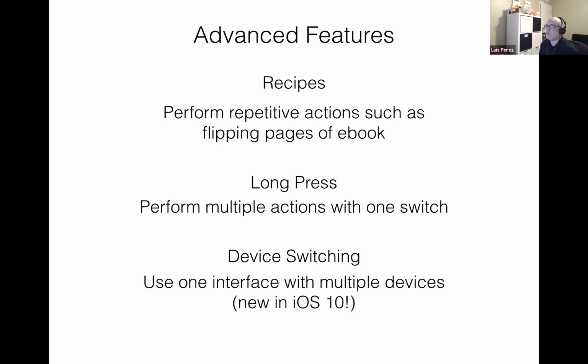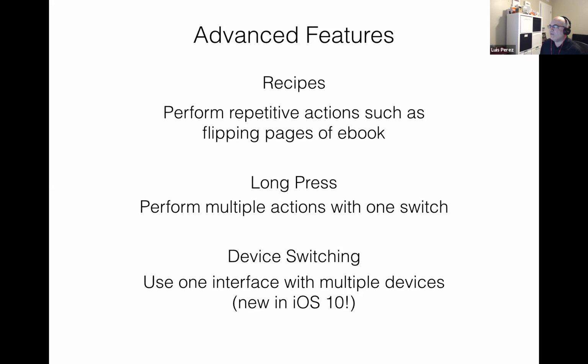There's also device switching. I'm not going to be able to demonstrate that today, but just know that if you know somebody that has multiple Apple devices, there is switch control on the Mac. There's also switch control on Apple TV for entertainment purposes. So what you can do is there's an option in the scanner menu that allows you to switch devices. So I could be reading an ebook on my iPad using switch control to do that.